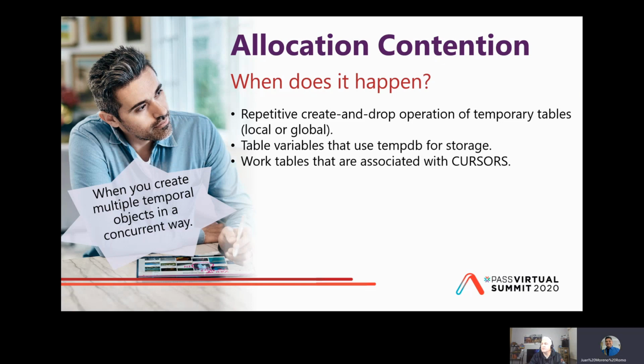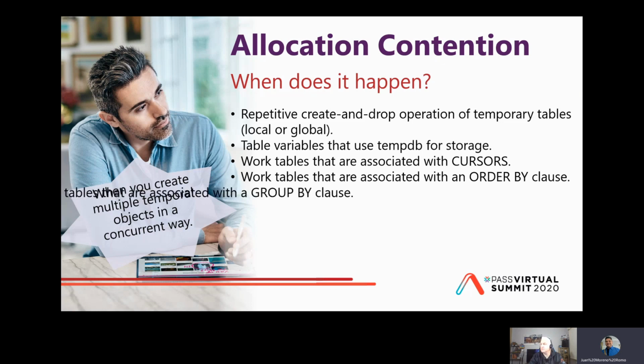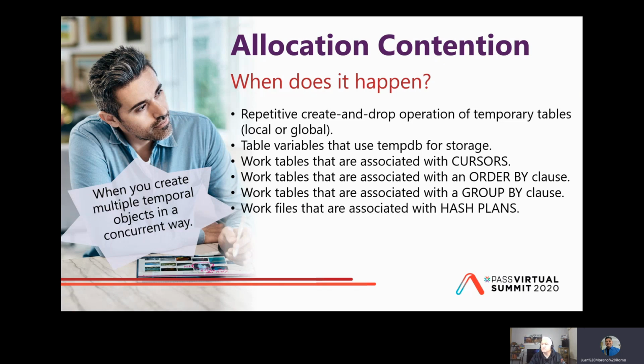When you have work tables that are associated with certain cursors, you also will be able to see it. And when you use work tables that are associated with an order by clause, you will see it. Why? Because we use tempdb to store it. And also when we have group by clauses. So all of these points allow us to create allocation contention because we intensively use tempdb.